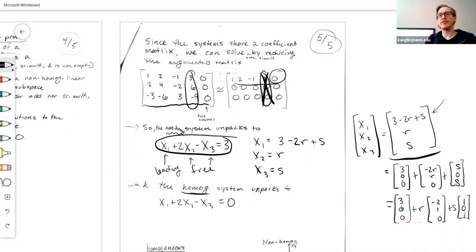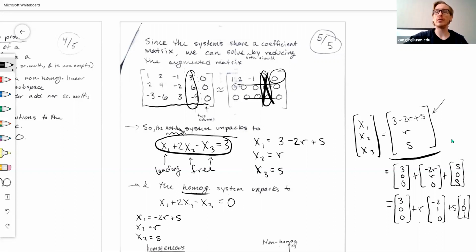And the other equations just give us 0 equals 0. Don't even have to write them. So let's do the same thing. Let's solve for x1, x2, and x3. I'll actually do it over here. Using x2 and x3 as free variables, r and s for those parameters. Then x1 is negative 2r plus s.